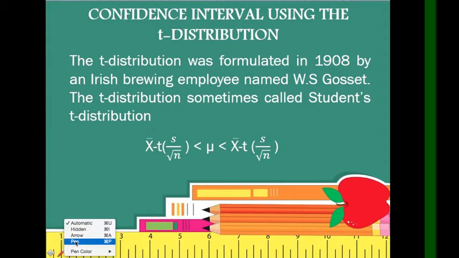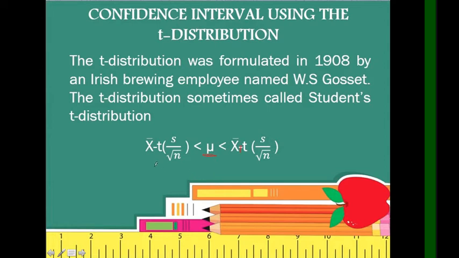The confidence interval of the population mean is greater than the sample mean minus t times s over the square root of n, but less than the mean plus t times s over the square root of n.